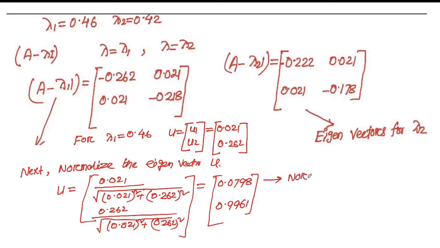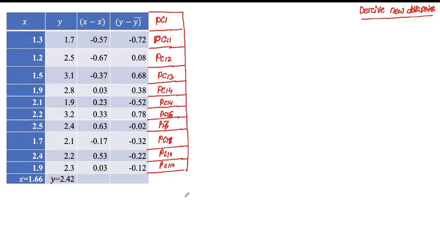After normalizing the eigenvector, we get U as 0.0798, 0.996.